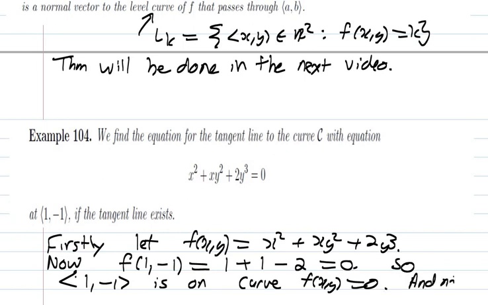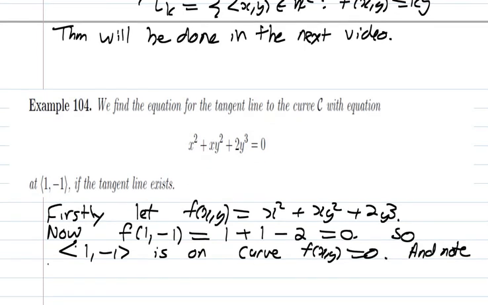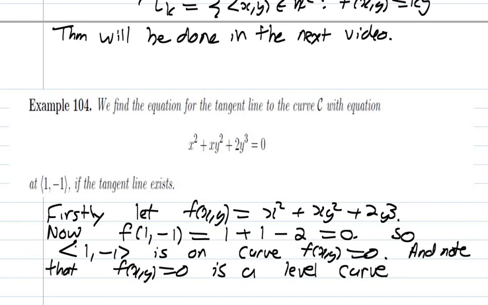And note that f(x, y) equals 0 is a level curve. All right. So now we have established that the point (1, -1) lies on the curve with equation f equal to 0, where f is this function of two variables.